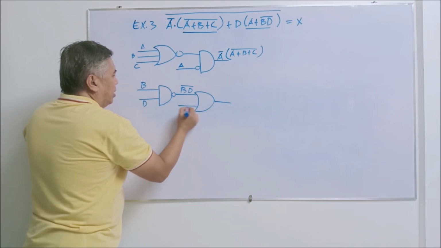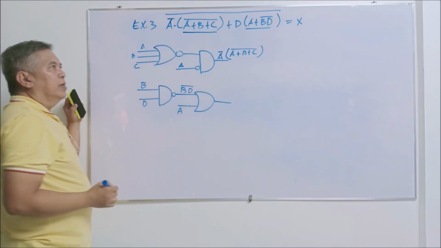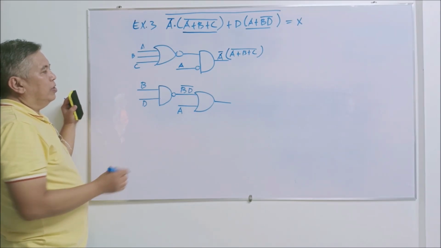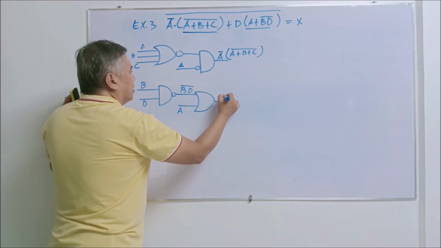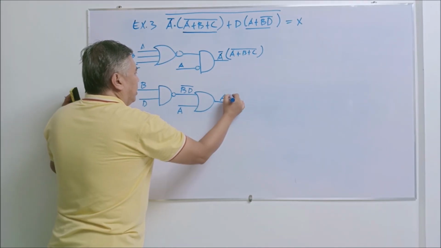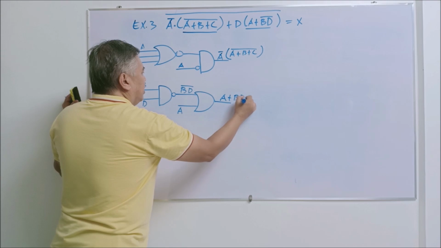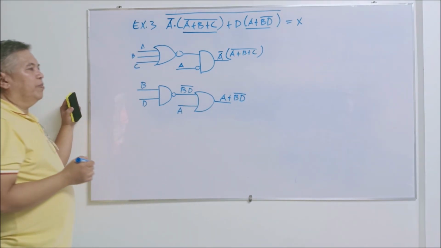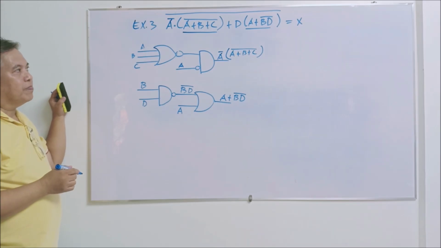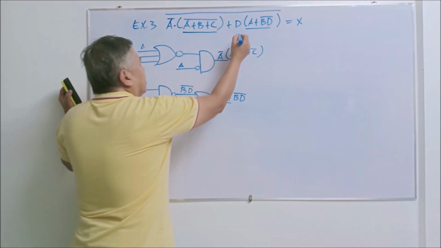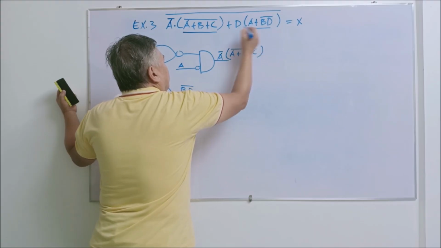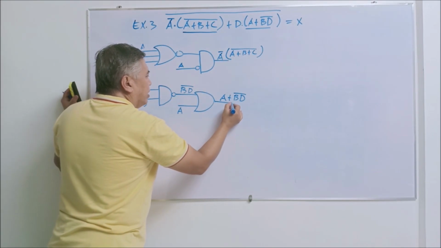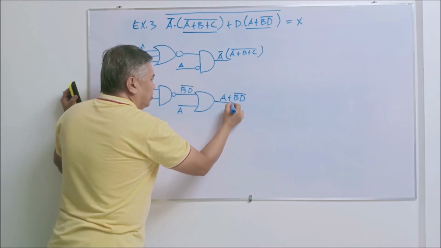The input is A. Okay? So you have the output here now becomes what? A plus BD complement. That will be the output of your OR gate. And remember that this equation here is being ANDed to D, or multiplied to D. So you draw an AND gate here.